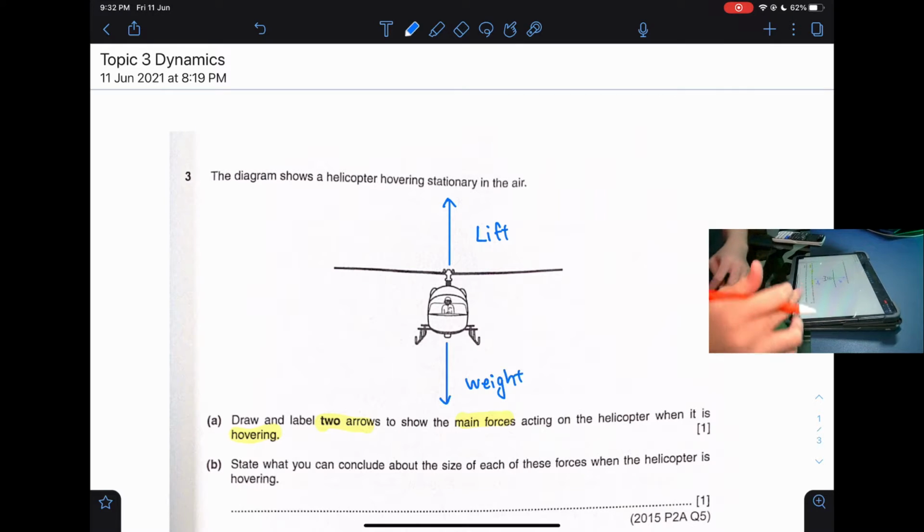For part B, you need to state what you can conclude about the size of each of these forces when the helicopter is hovering. So we need to take note that the helicopter is hovering. When the helicopter is hovering, the forces that act upwards and downwards will cancel each other.